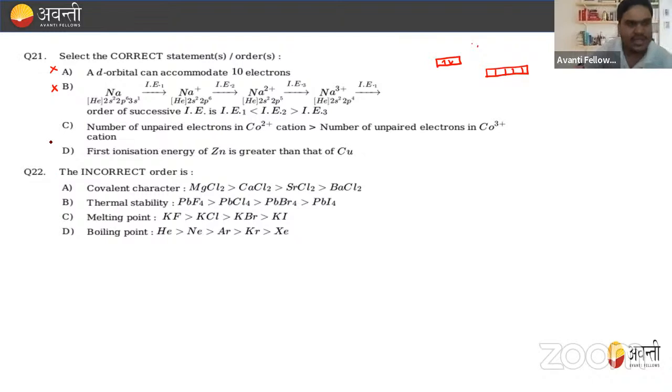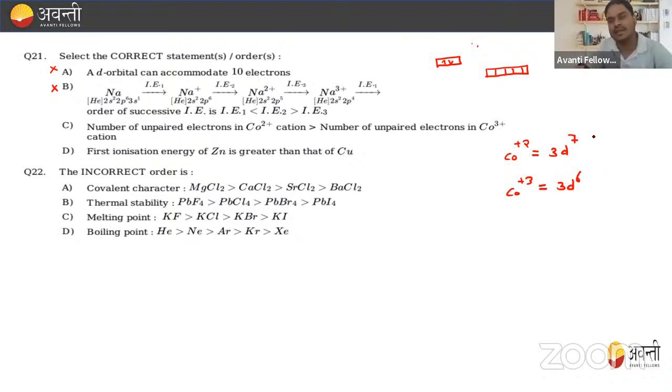Now, the statement is that the number of unpaired electrons in the Co2+ cation is greater than the number of unpaired electrons in Co3+. So let's see. Co has atomic number 27, so its configuration is 3d7 4s2. So cobalt in the +2 form is 3d7. Similarly, cobalt in the +3 form is nothing but 3d6, right?